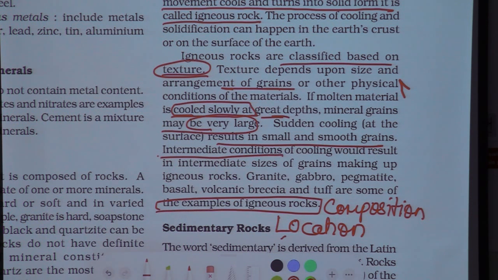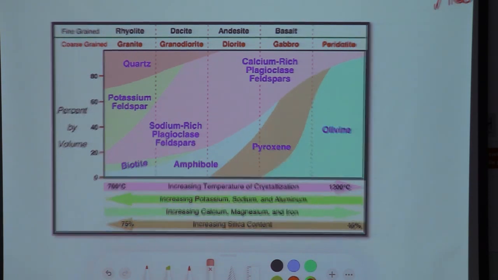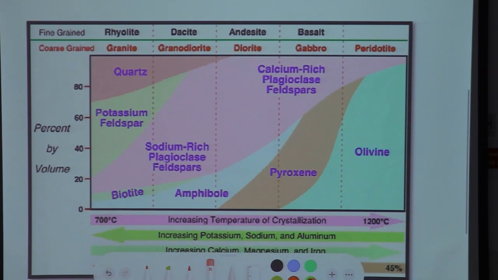How do we distinguish between the two? Now let us try to notice it with reference to this. Right, can we notice the demarcation of igneous rocks into categories based on their different compositional constituents?